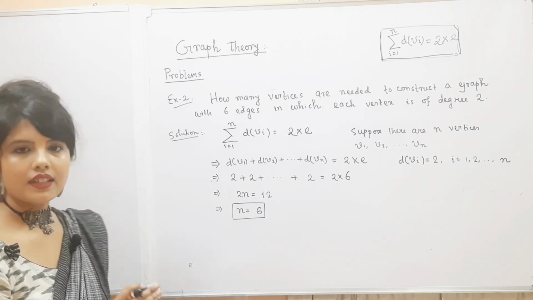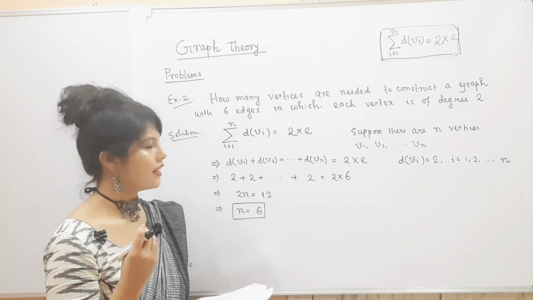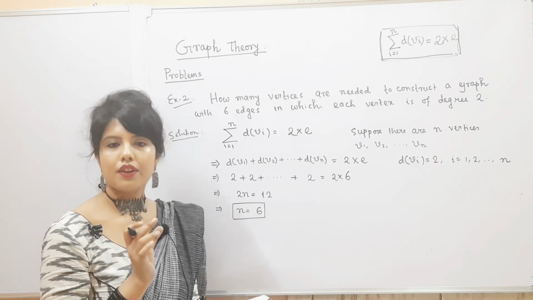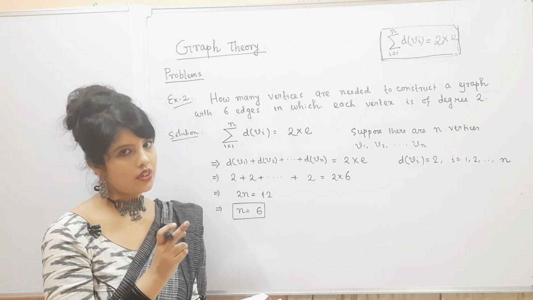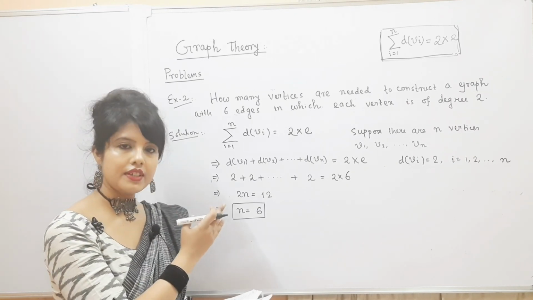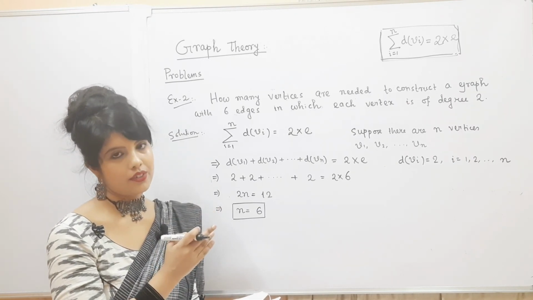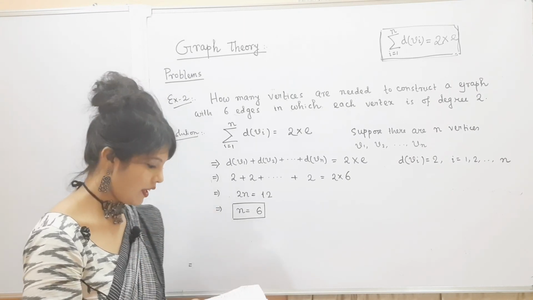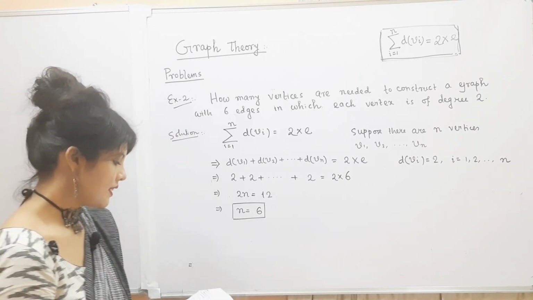So I have already considered 2 problems and they are of similar kind. In the first one you had to find out the number of edges and in the second one you had to find out the number of vertices, okay. So hope you have understood this.